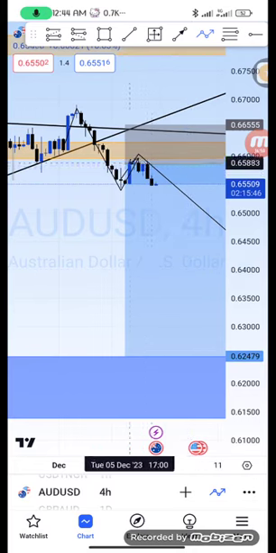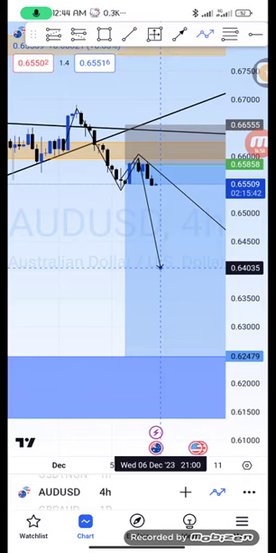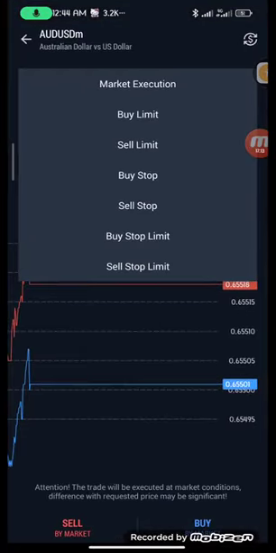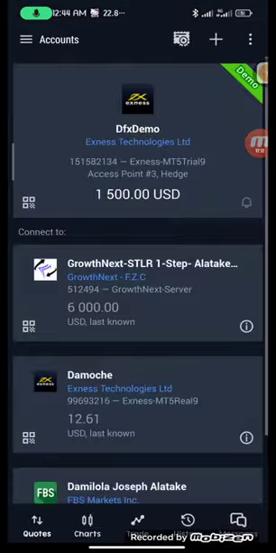So I use a sell limit order to place my order, so even when I'm not around, not online, not checking my charts, once the price gets to that point, the market automatically triggers my entry and opens a position for me. Let's check the live account.